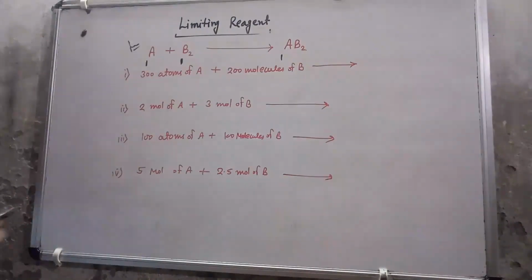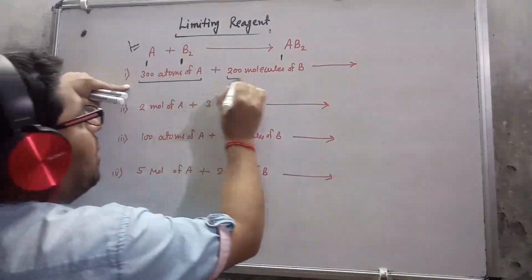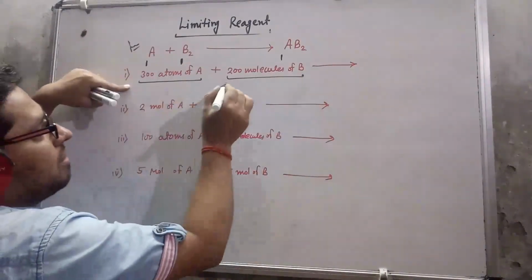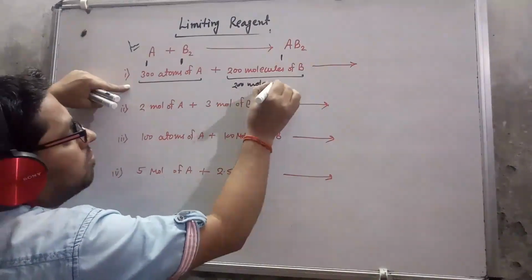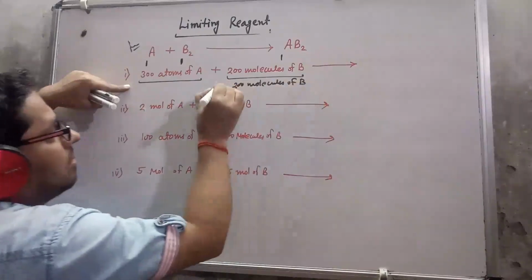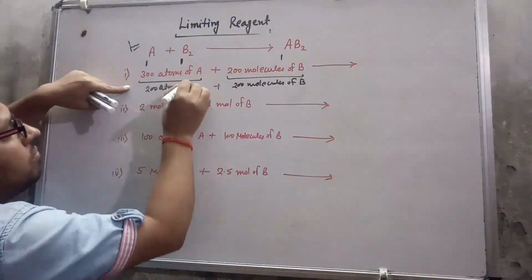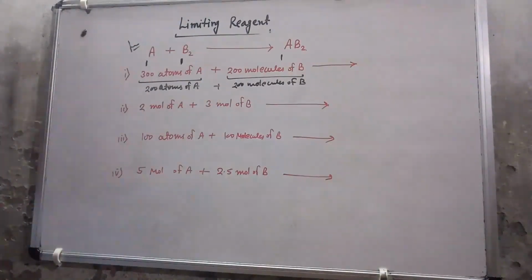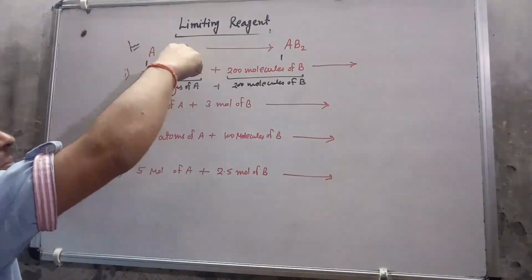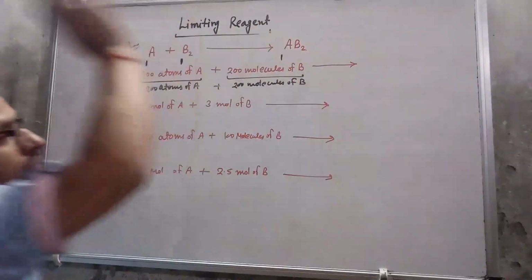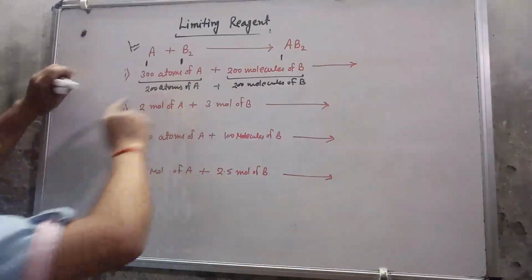So 300 atoms of A and 200 molecules of B. Very simple, 200 molecules of B will combine with 200 atoms of A, according to the general equation, giving us 200 molecules of AB2.